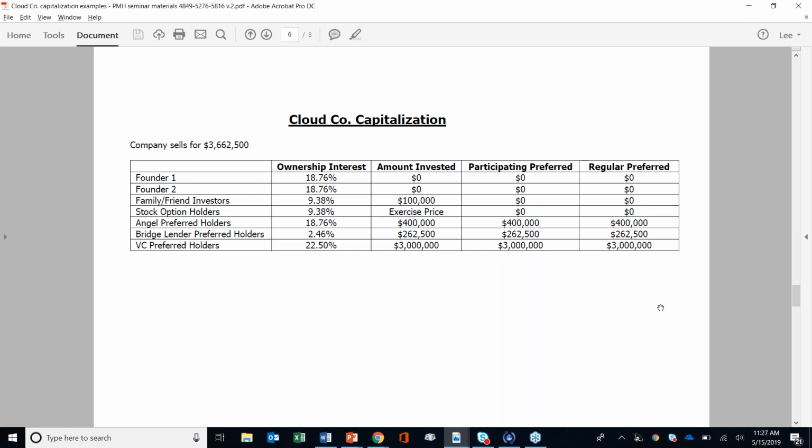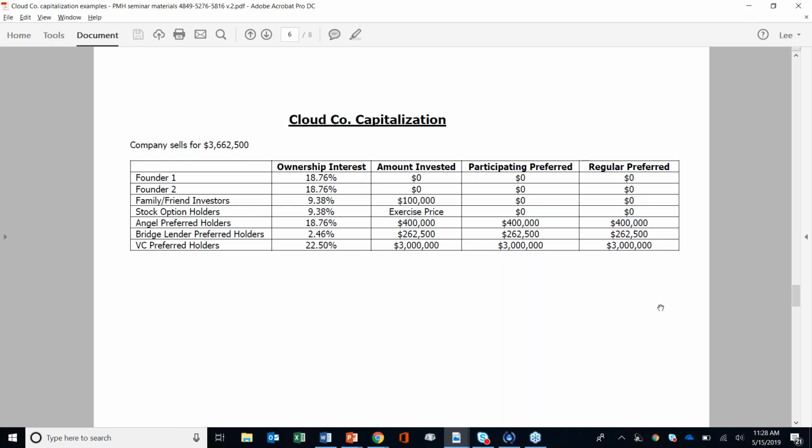Those exercise prices are typically tied to the fair market value of the company. And as we increased our value over time, those exercise prices would be higher than the value they're going to receive in distribution, and so they wouldn't exercise. But for purposes of our discussions here, let's just assume the exercise price was close to zero, and that nobody's having to pay anything to buy their options to become a stockholder.